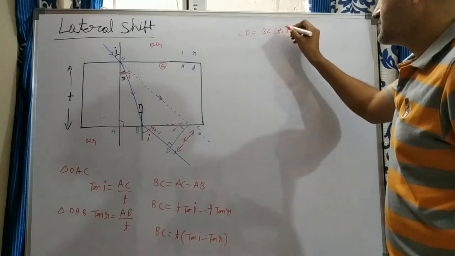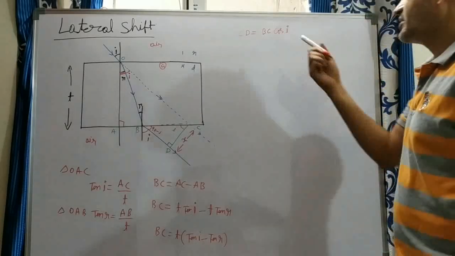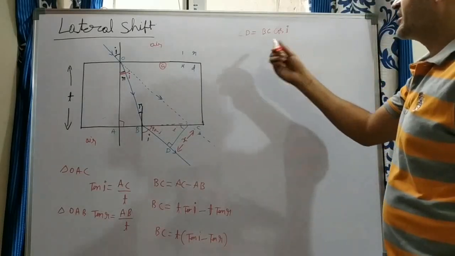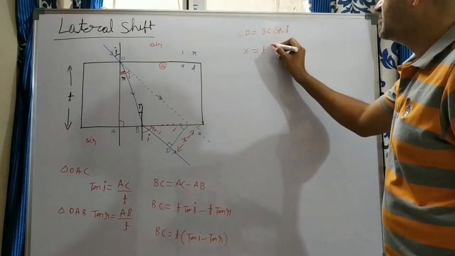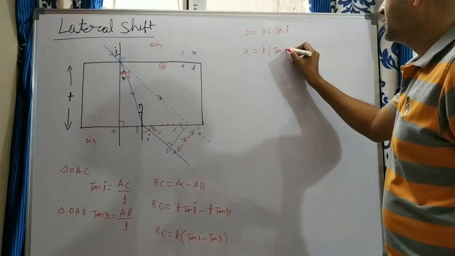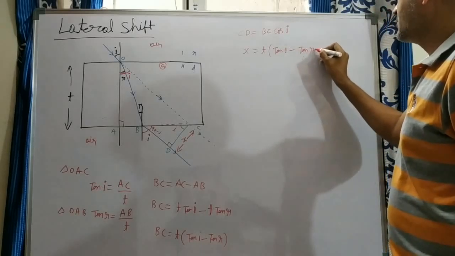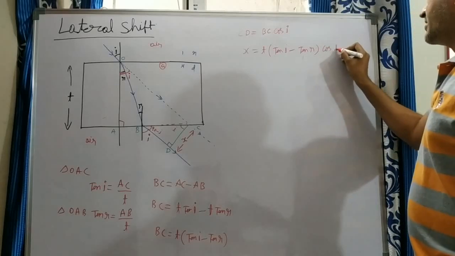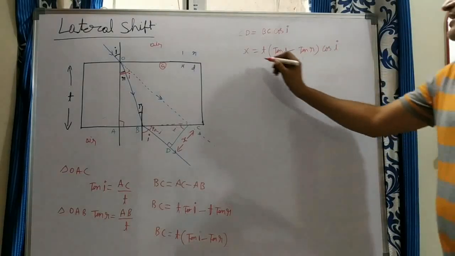So cos I is equal to x by BC. So CD, or x, is equal to BC, which is T times tan I minus tan R, into cos I. Like this we can calculate lateral shift.